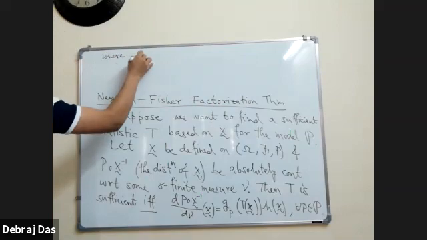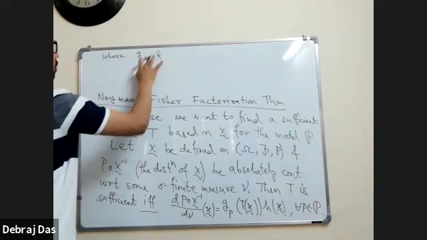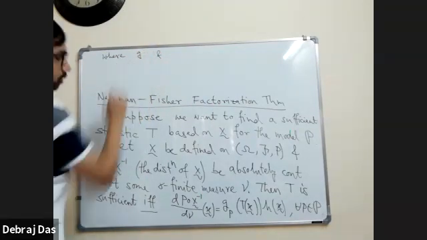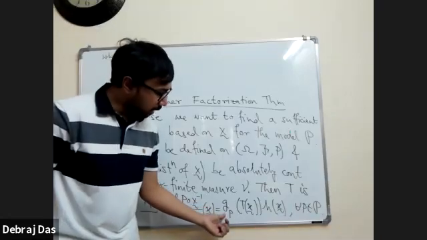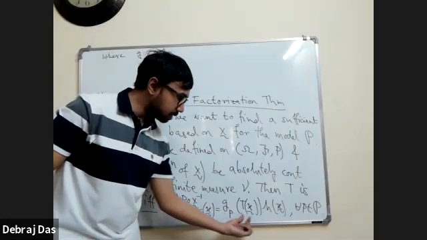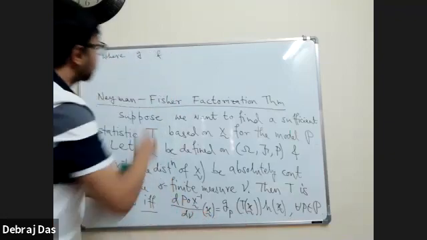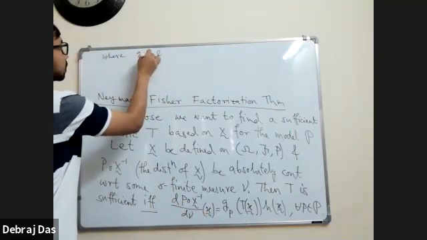So where is this G, and sorry, C? So I should write, so this function G has two arguments. This is one argument, this is another argument. Okay, so I'm writing like this.